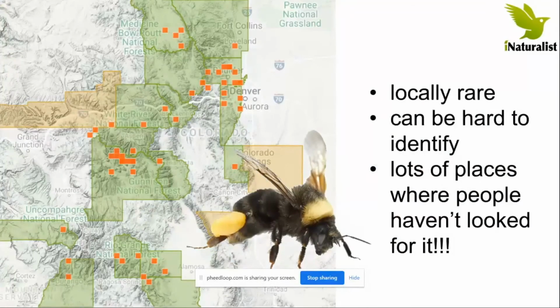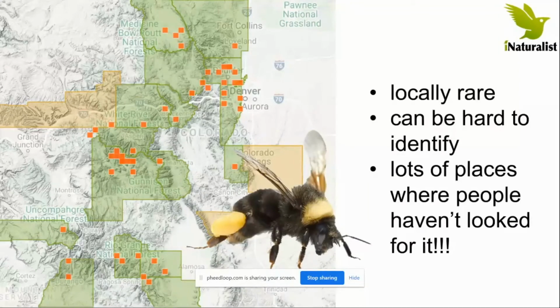And there's a lot of reasons why that could be the case. Bombus occidentalis is locally very rare. It's not as abundant as other bumblebee species like Hunt's bumblebee, which you may know. It can also be hard to identify relative to those more common bee species. And when you look at this map from iNaturalist, there's lots of places where people probably simply haven't looked for it.